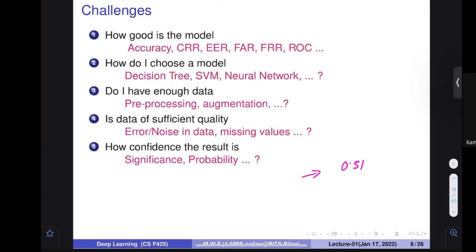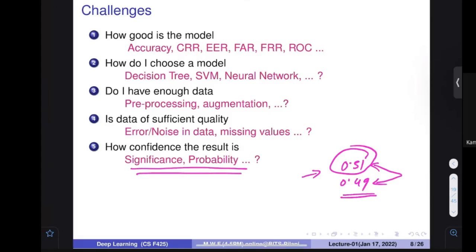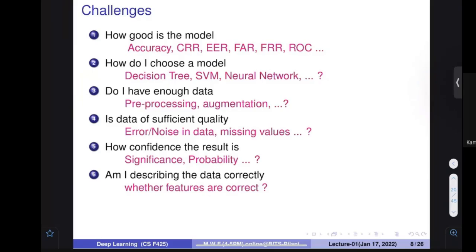It becomes very difficult, because the other item definitely has a probability of 0.49. So going ahead on 0.51 versus 0.49 may not be a good idea. You have to understand the significance and the probability of this result. Just seeing the yes or no may not be sufficient for you.